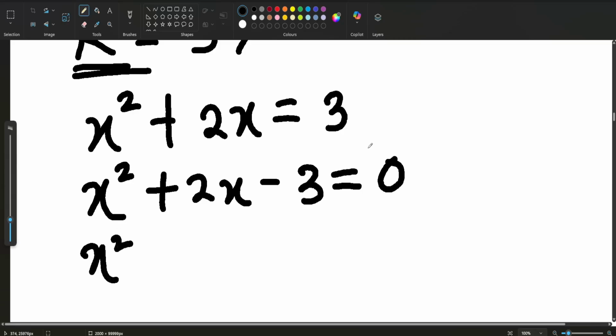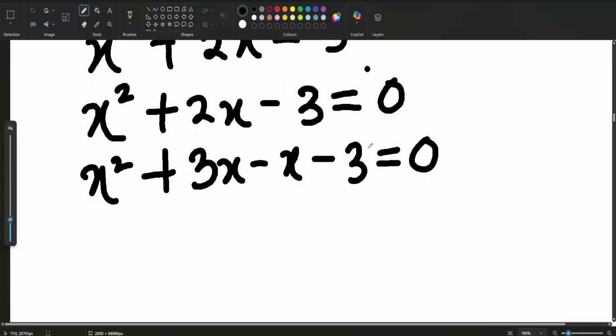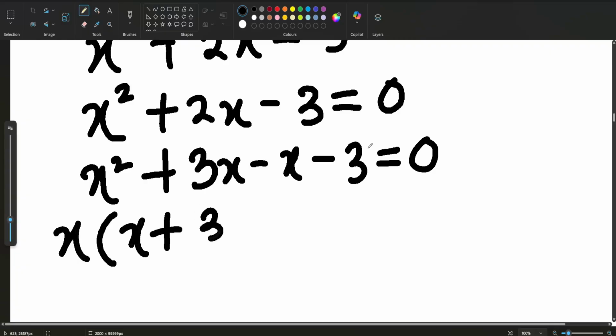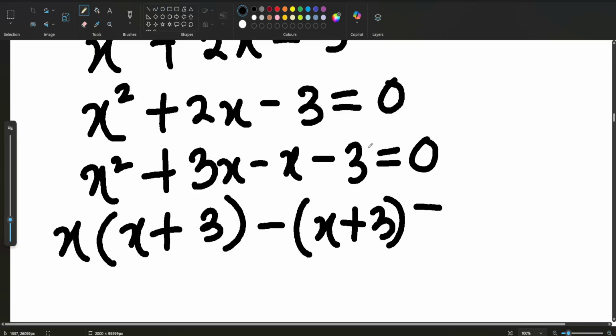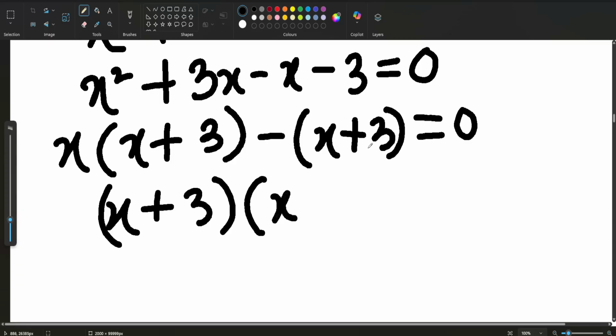So that becomes x squared plus 3x minus x minus 3. That's using the factorization method. x is common, bring it out, that will be x plus 3. And minus is common here, this becomes x plus 3. So at this point, x plus 3 is common, bring it out. You have x plus 3 and x minus 1 equal to 0.